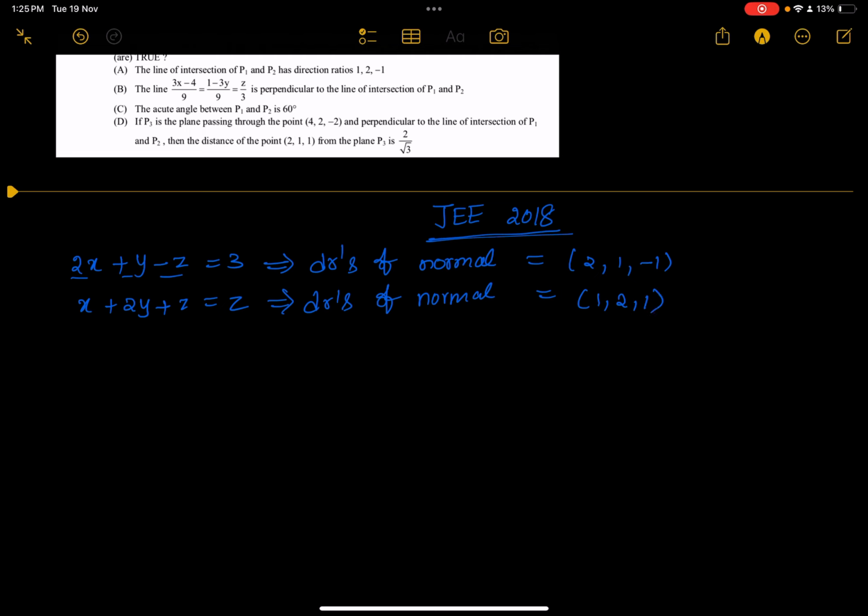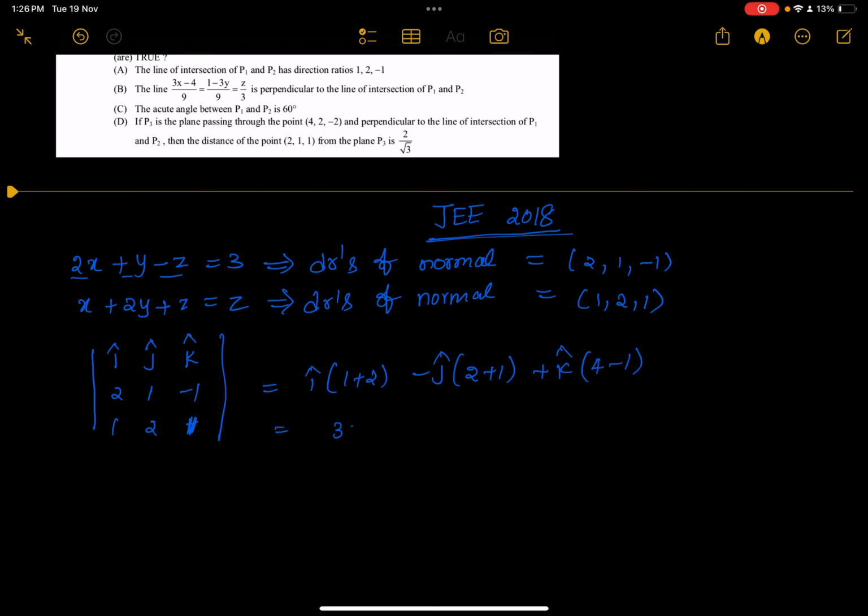Now if we want the DRs of the line of intersection, we have to do the cross product of these two. So let us do that. i cap, j cap, k cap; 2, 1, minus 1; 1, 2, 1. This gives i cap into 1 plus 2, minus j cap into 2 plus 1, plus k cap into 4 minus 1.